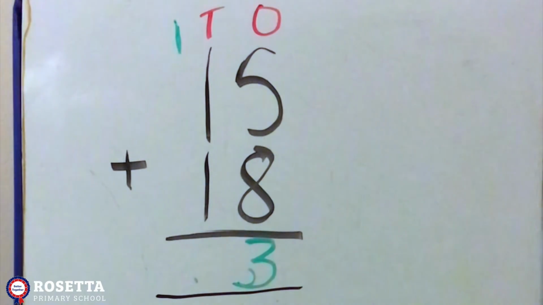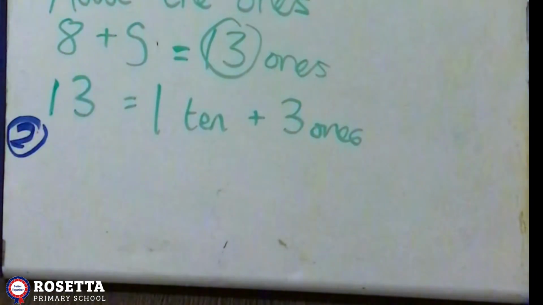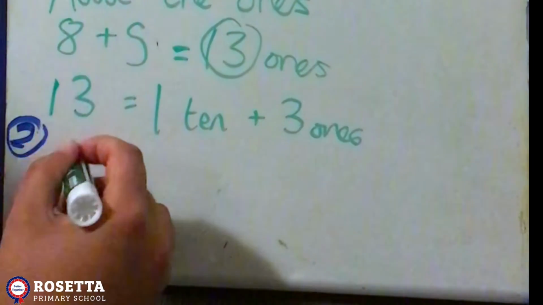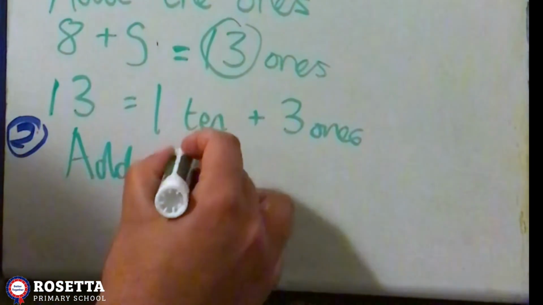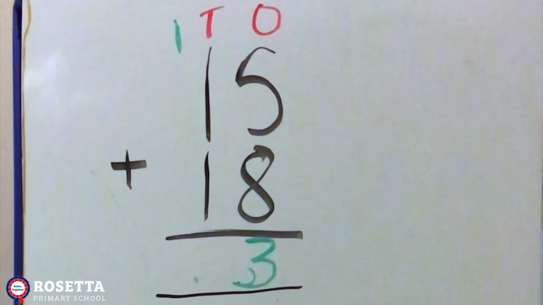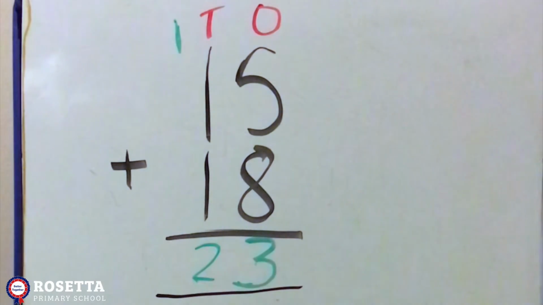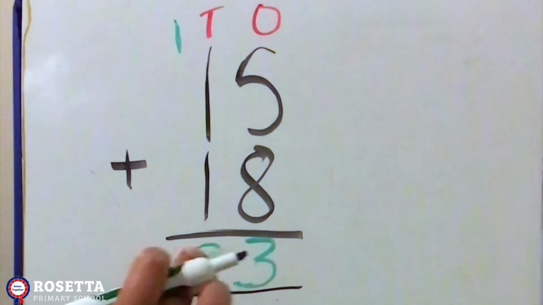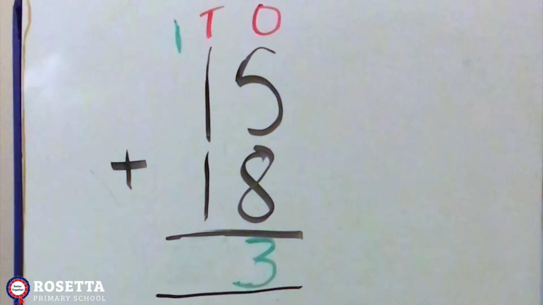Now what's the next step, guys? Well done. We have to add the tens. So what's the answer to adding the tens, guys? Is it 1 plus 1? So we just put a 2 here? No. So what have I forgotten to do? We must always remember to add the renamed or exchanged ones.